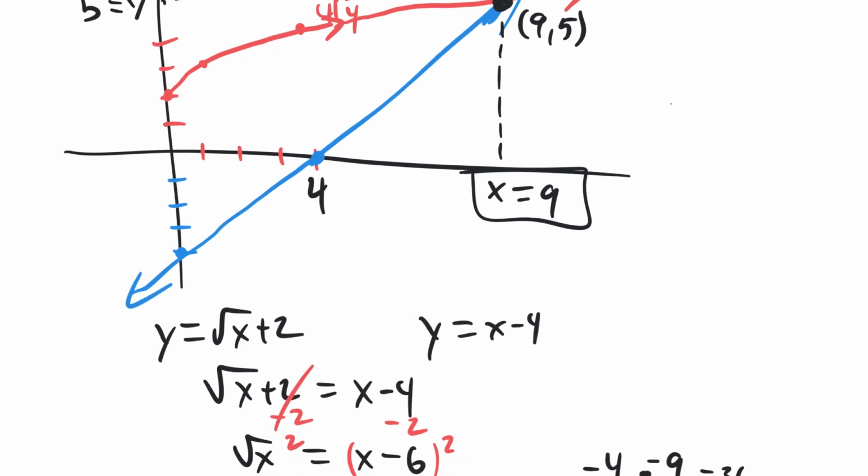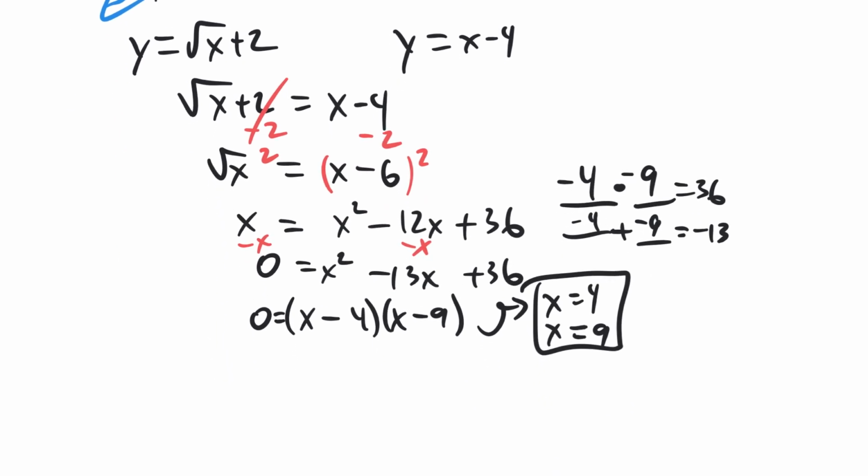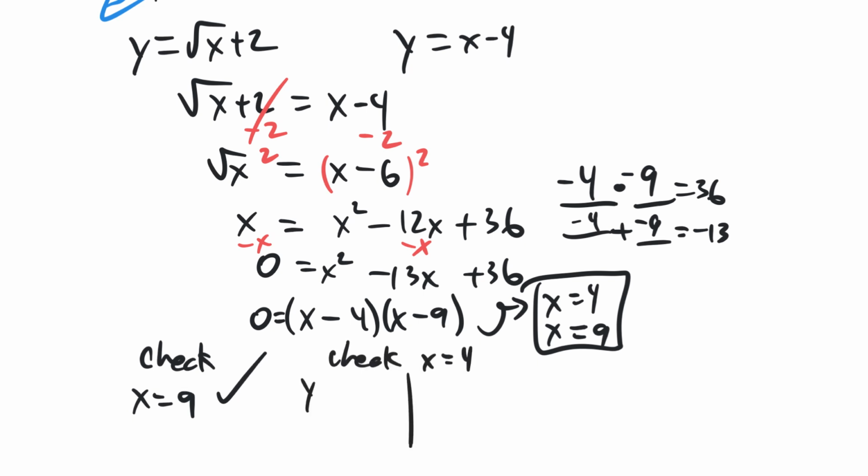And so this is kind of strange, because this right here was supposed to be the answer, but actually one of them is false. When we check x equals 9, it works out. But when we check x equals 4, on the one side, we get y equals root 4 plus 2, which is 2 plus 2, which is 4.